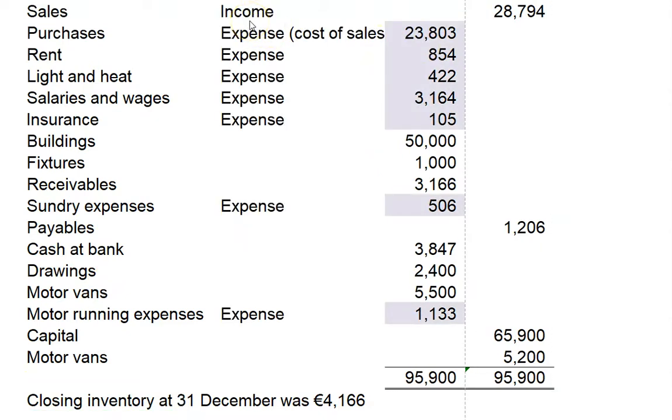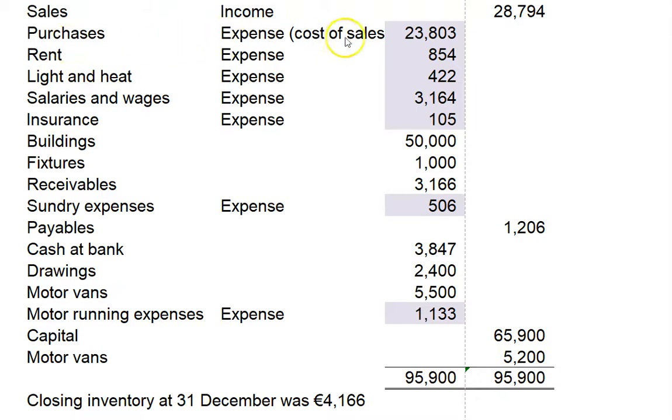So I've identified the income accounts here. There's only one, which is sales, on the right-hand side, on the credit side, and on the left-hand side of the trial balance will either be expense accounts or assets. Expense accounts are expenditure on short-term costs, the day-to-day costs of running the business.